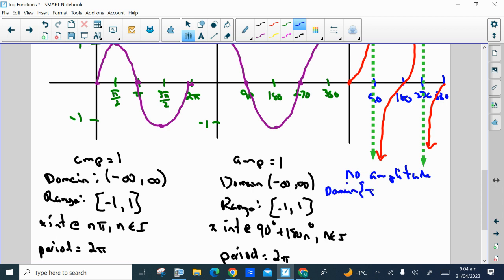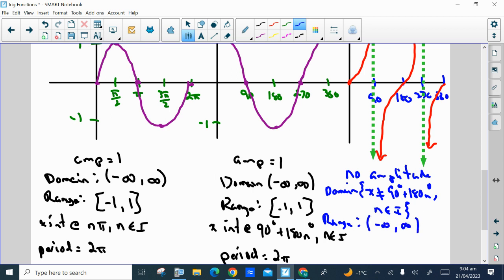The domain would be that x cannot equal 90 degrees and every multiple of 180 after that. The range goes downwards and upwards forever.